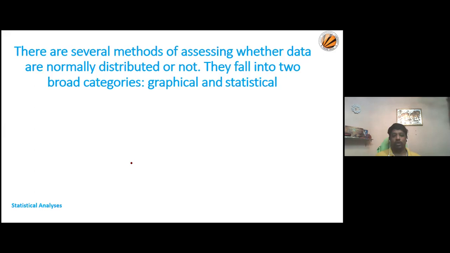I think most of us struggle with whether the data is normally distributed, especially the master's students. They should test the normality of your data, because it tells you whether you're going to use a parametric test.